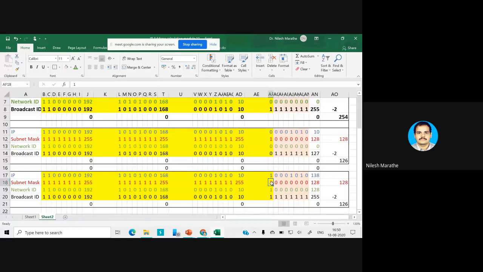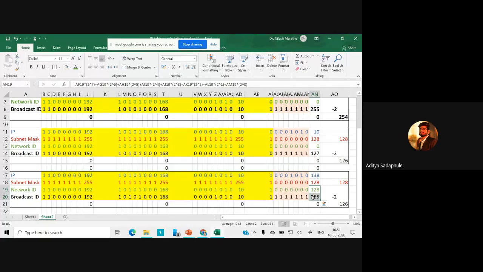So whenever I put 1 in the first bit of the last octet, my two blocks will be 192.168.10.0 to 192.168.10.127. Second block 192.168.10.128 to 192.168.10.255. So that is 0 to 255 divided into equal portions.